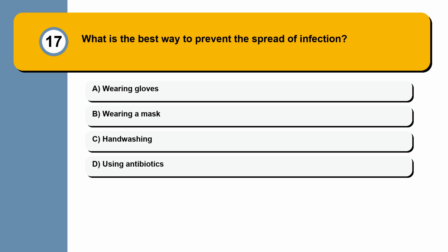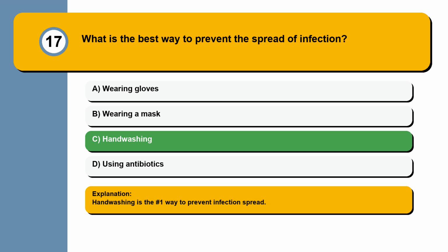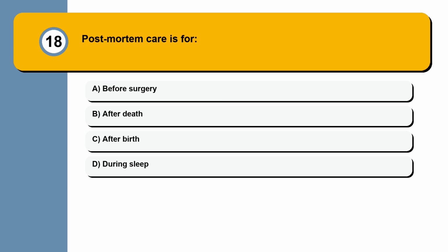Question 17. What is the best way to prevent the spread of infection? Wearing gloves. Wearing a mask. Hand washing. Using antibiotics. Hand washing is the number one way to prevent infection spread. Question 18. Post-mortem care is for: before surgery, after death, after birth, during sleep.